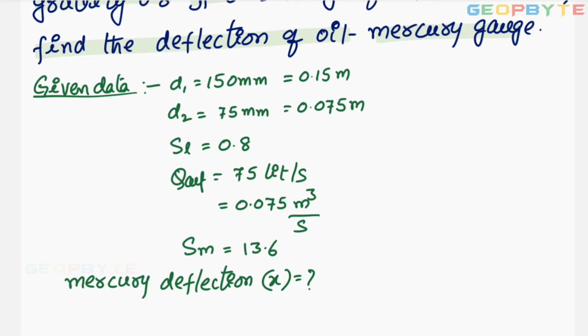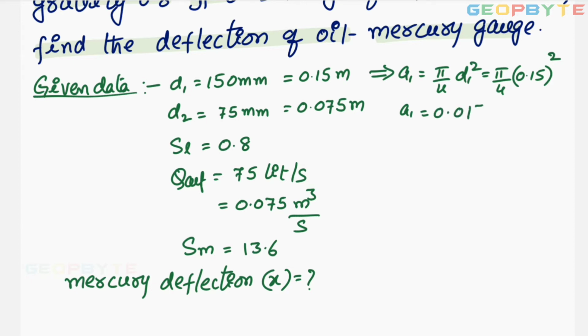First let us find the area. Area at the entrance A1 equal to pi by 4 into D1 square, pi by 4 into 0.15 whole square. I got A1 equal to 0.0177 meter square.